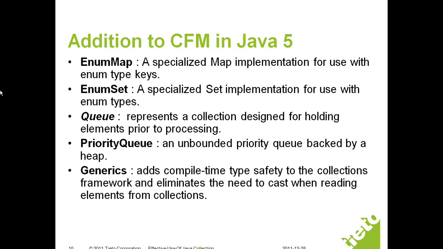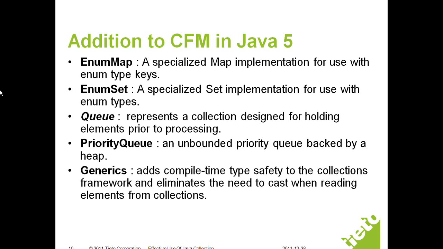That kind of binding has now been removed with generics, because now you can define a collection with a specific type at the time of creating the instance itself. So when you call a get method on that instance, you are very sure that you are going to get that specific type of object, so you don't need to typecast. It doesn't even allow you to add objects of any other type to that collection.